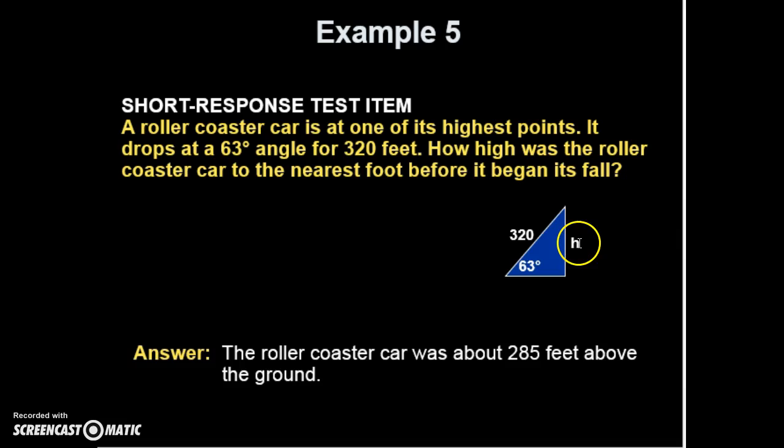We have an angle, the opposite, and the hypotenuse, so we use sine. The sine of 63 degrees equals h over 320, so h equals 320 times the sine of 63 degrees. I get 285.122, so to the nearest foot, that's 285 feet above the ground.